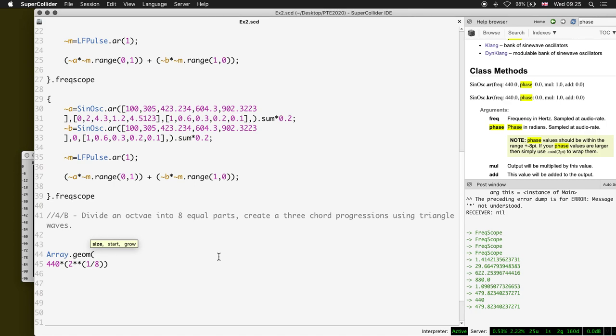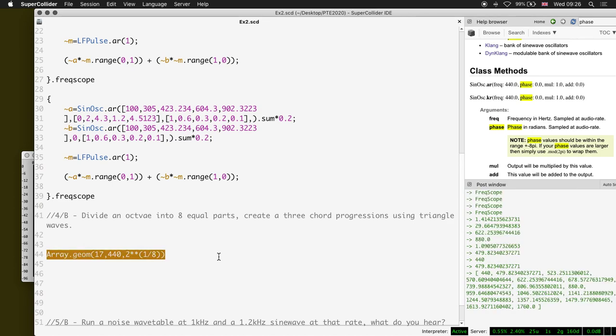Okay, so in this case that will be 17 notes, and we hope to end up at 1760, so that will be a good verification. We start at 440 and we grow it, we multiply to get the next value by this 8th root of 2. So this is my array, and indeed I end up at 1760.